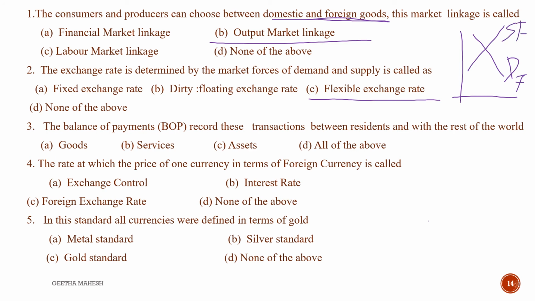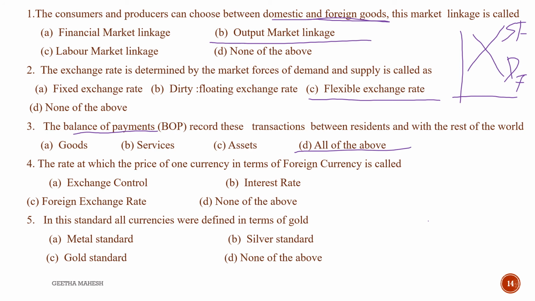The balance of payments records transactions between residents and the rest of the world in goods, services, assets, all of the above. Balance of payments we are talking, so it includes all three concepts, that is goods, services and assets.